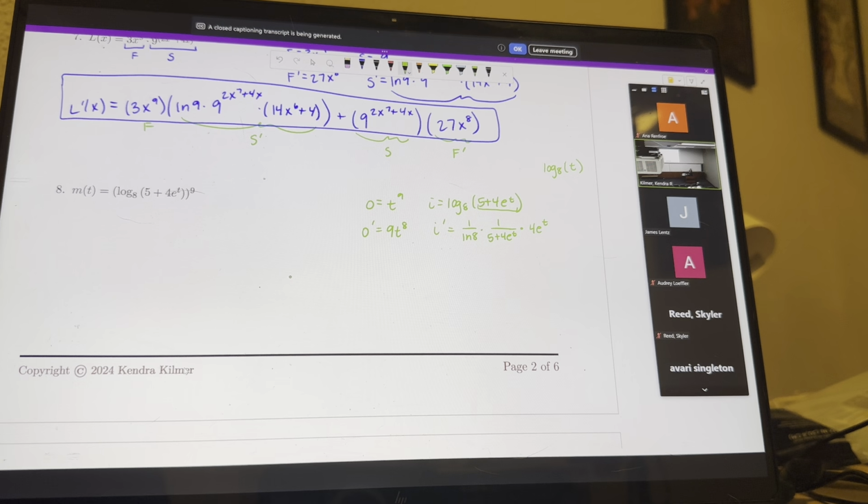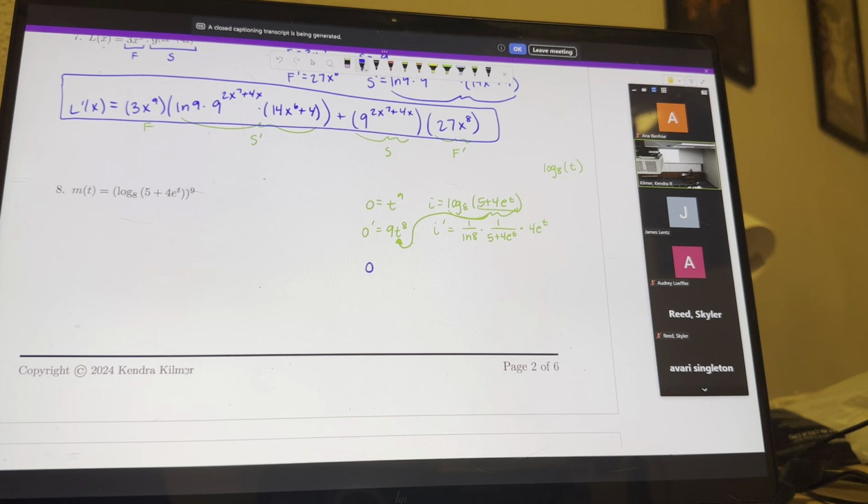Okay? So now to apply the chain rule to my original function, I need to evaluate my O prime at the inner function. So I need to take my I and plug it in for t in my O prime.